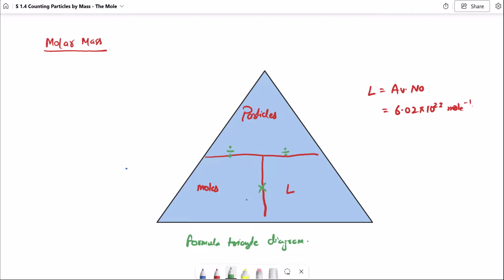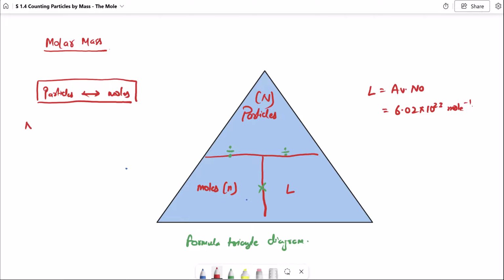So let's take an example. Now you can also write it as a formula. Particles are written with capital N, moles are written with small n, and this is L. So if you want to go from particles to moles, let's find the connection between these two.